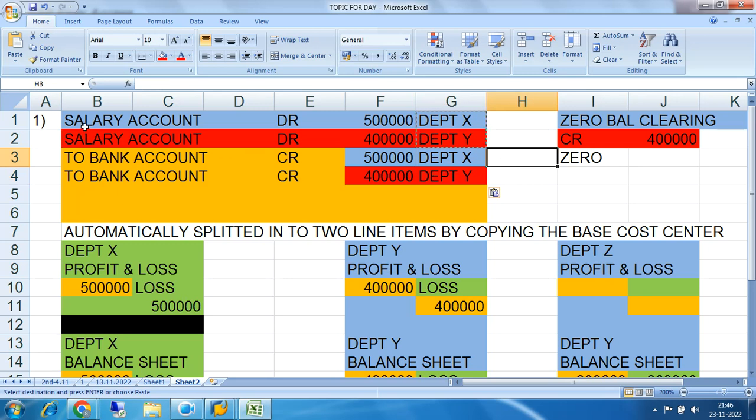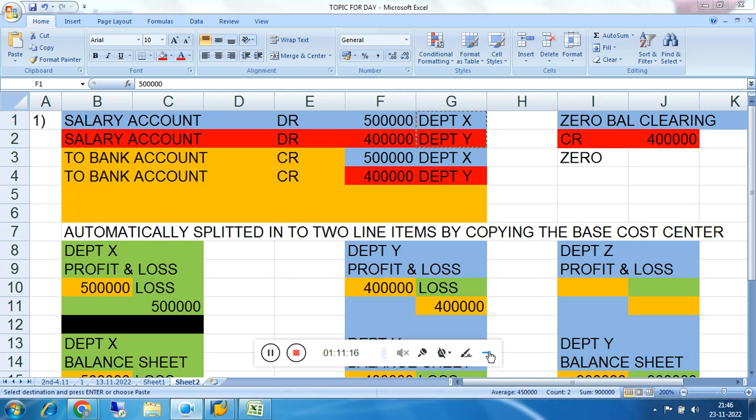Every day we are paying our vendors. Whenever we pay a vendor, we put the bank account, and it's over. But if there are more line items on the debit side, with two profit centers, then even if we pay from one bank account, it is automatically split. How is it split? Based on the ratio of the baseline.